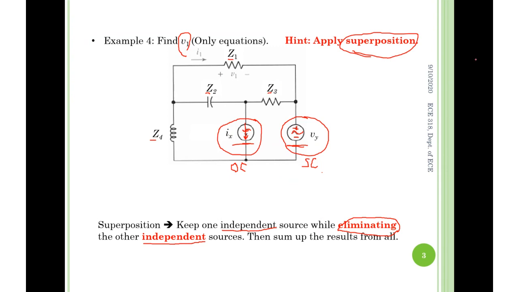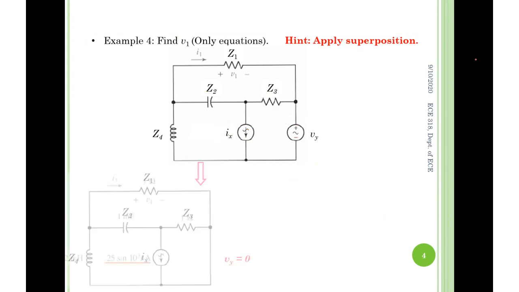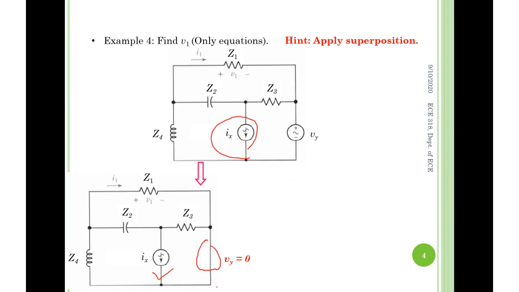So this is a little bit of review of superposition and specifically what we do. First, what are we doing here? This is pretty much keeping the current source, meantime eliminating what? The voltage source. Short it out, you see?